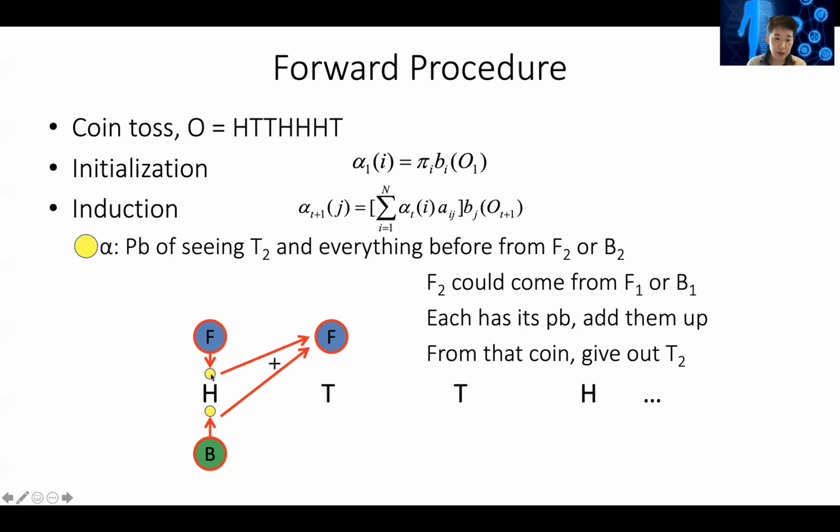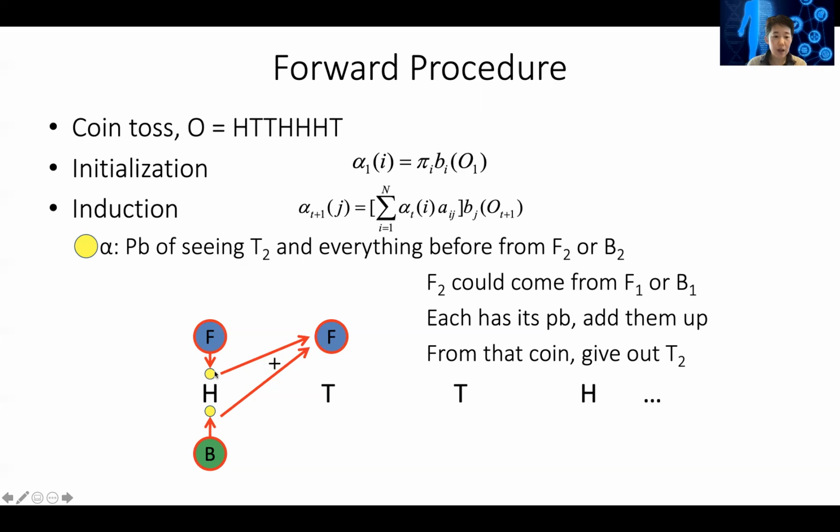In the previous coin, we could use a fair coin, but transition from the fair coin to a biased coin, or we can use the biased coin and transition to a fair coin. Both are possible, so we just add up their probabilities together.